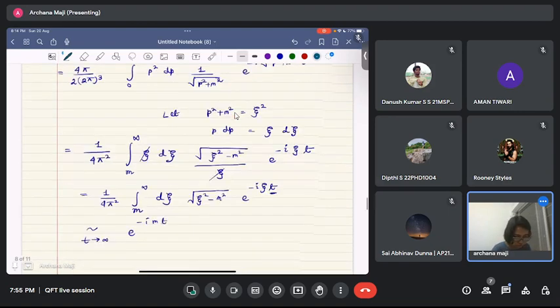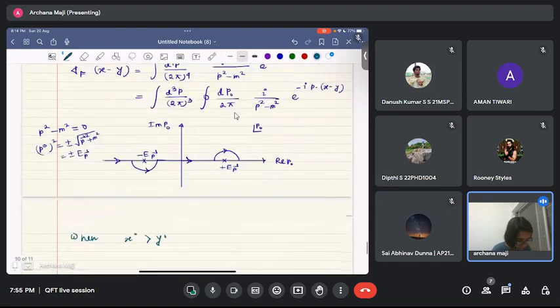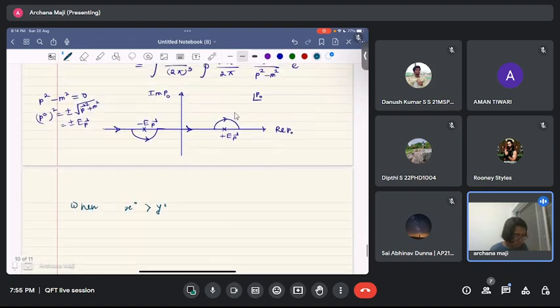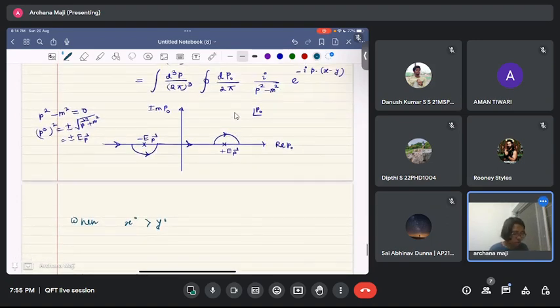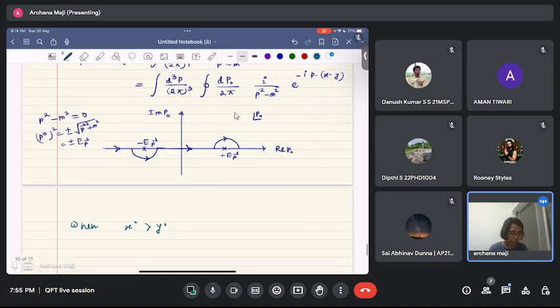So when x0 is greater than y0, how would you close this particular contour? Would you close it in the lower half plane or in the upper half plane? Can someone tell me?